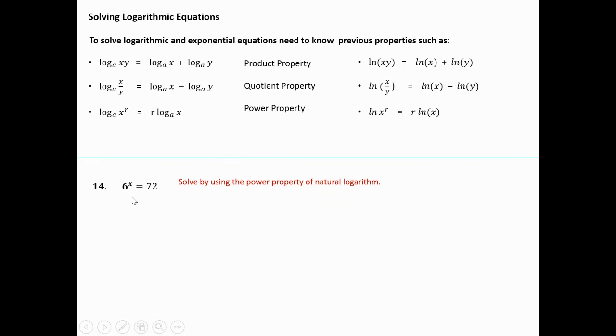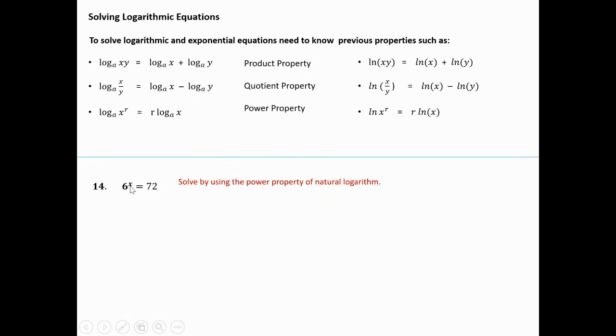For example, we have 6 to the x power equals 72. It's always easier to use the natural log, in my opinion, because the natural log leads to the next chapter, chapter 5, the finance chapter. That's why I tell my students that I prefer for them to use the natural log.